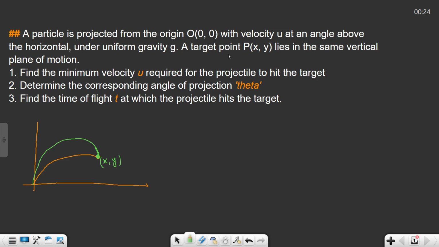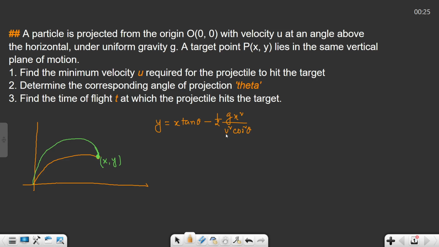Now, it is very obvious that we are going to use the famous equation of projectile that relates both x and y. So we know that y is equal to x tan theta, where theta is the angle of projection, minus half g x square divided by v square cos square theta.